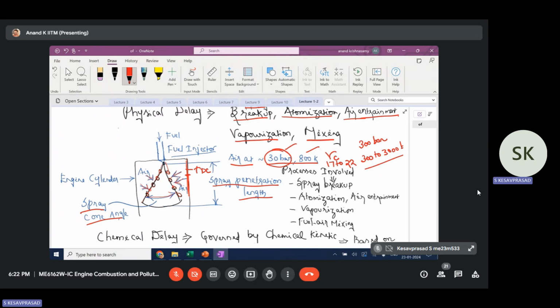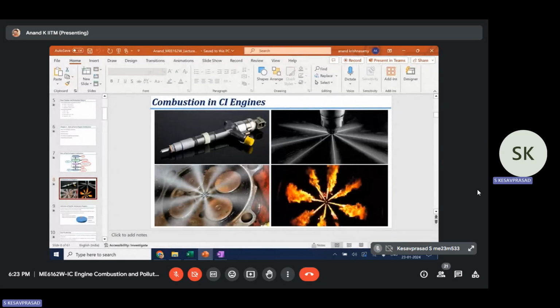So fuel is penetrating because of its higher pressure. It's penetrating into air. Air is offering resistance to the free movement of the fuel because air is also at a higher pressure and higher temperature. So you have a spray profile that is formed inside the cylinder, which is what we have seen in this photograph also.